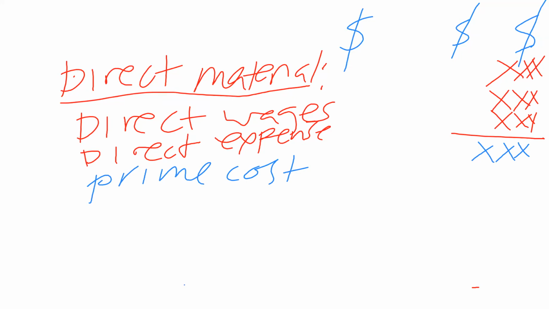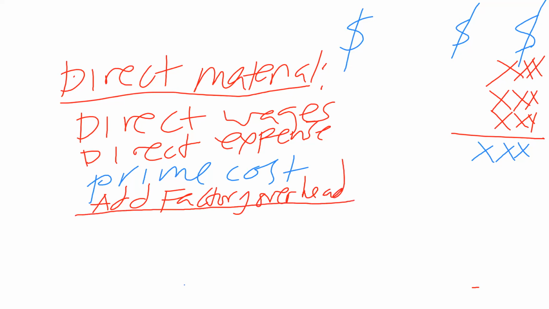So you add the factory overheads. This is just a format. Now the factory overheads are also called the production overheads. These are the indirect costs that are incurred during the production process.